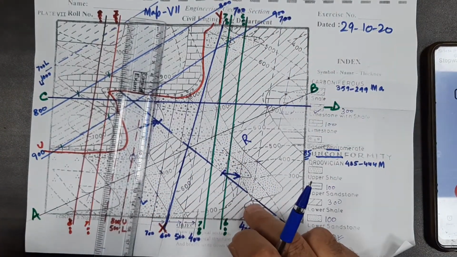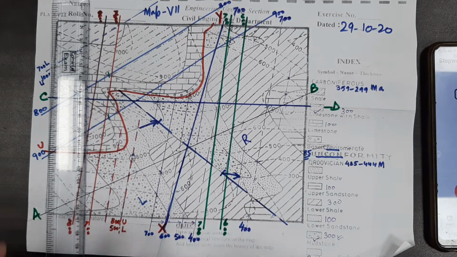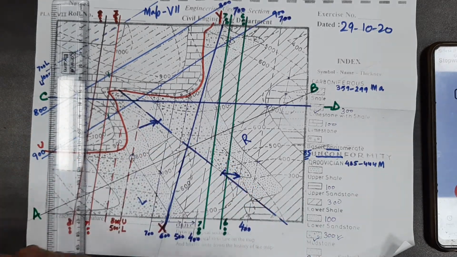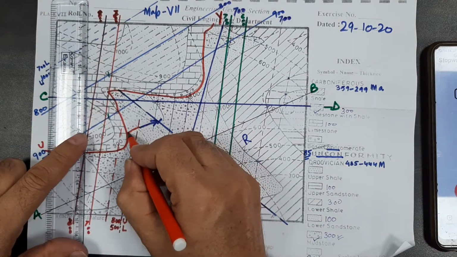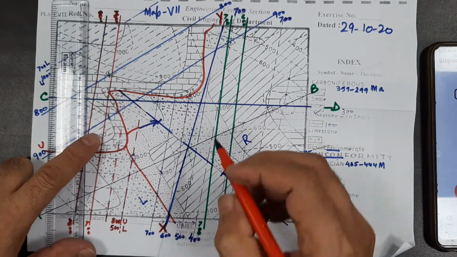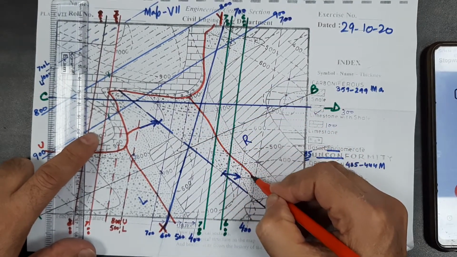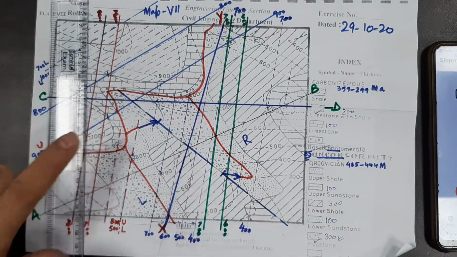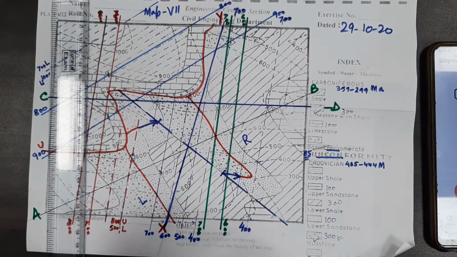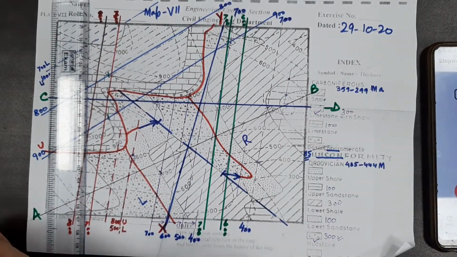For that, we have to select any contact on both sides of the fault. For example, I am selecting this contact here and the same contact between mudstone and sandstone here. I will compare the elevation of the two same contacts on the left side and right side along strike lines.